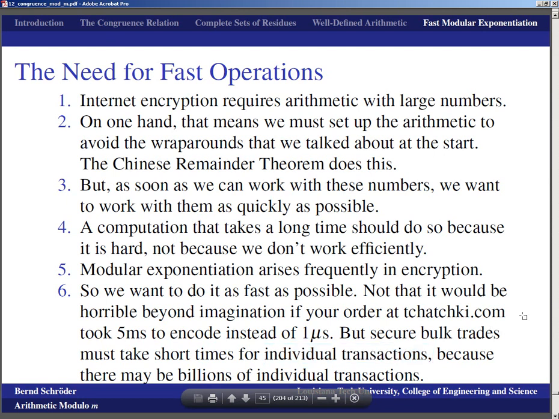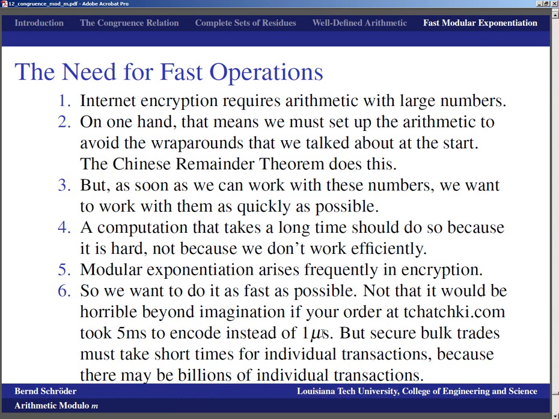And there may be billions of individual transactions, and so all of a sudden, if you're looking at something that takes on the order of milliseconds, then a billion transactions would take 5,000 seconds, and that's slow based on the market, right?